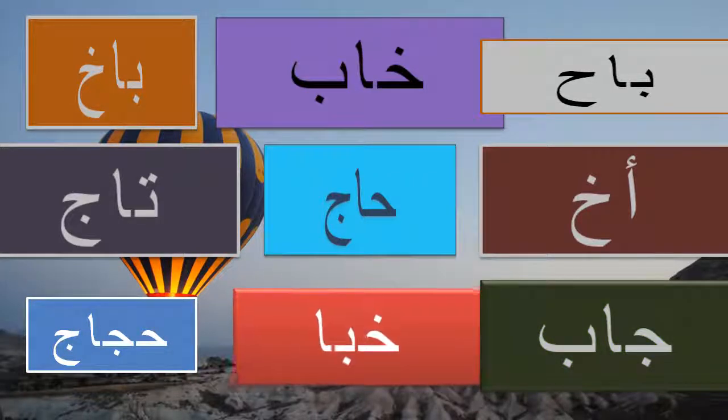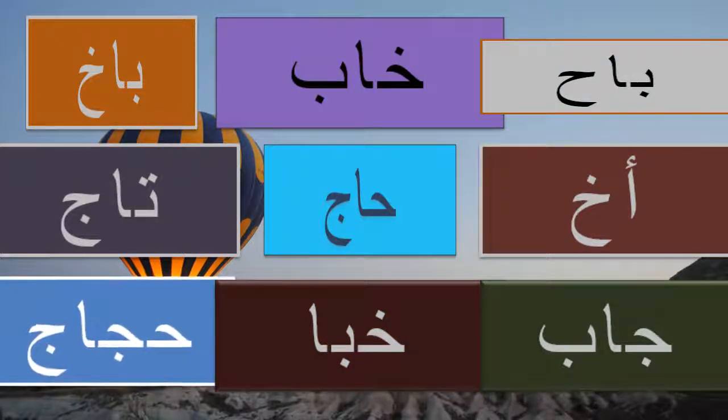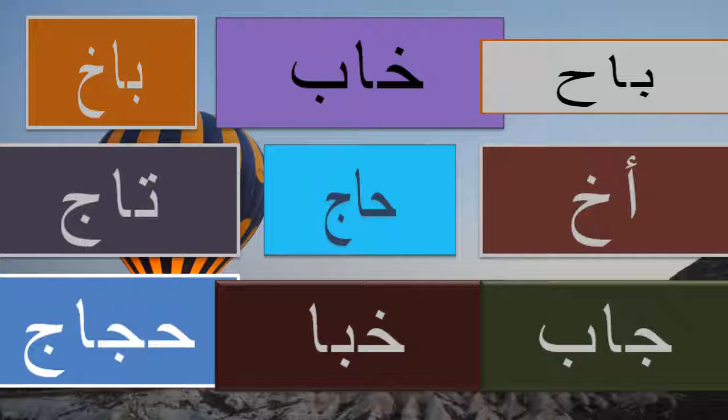Next word starts with a khaa, then ba, then alif. Kha, ba, a, khaba. Exactly. Now the last word has four letters. The ha, jeem, alif, again jeem. We read it as hujjaj. Now the first jeem has a stress above it. That's why we stress it. Hujjaj. Excellent.